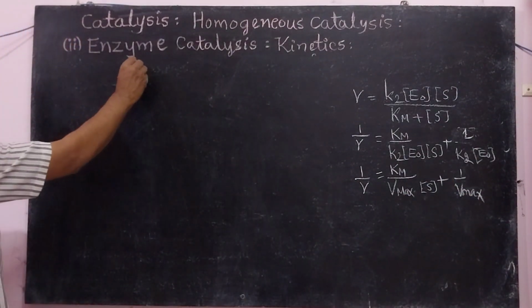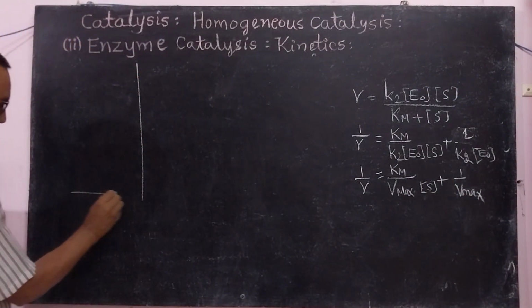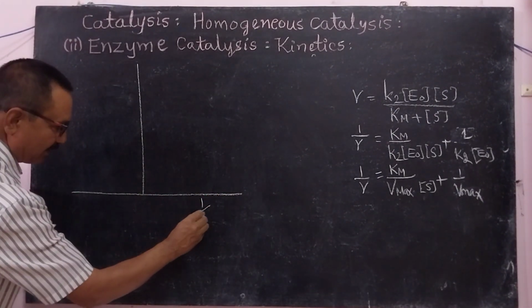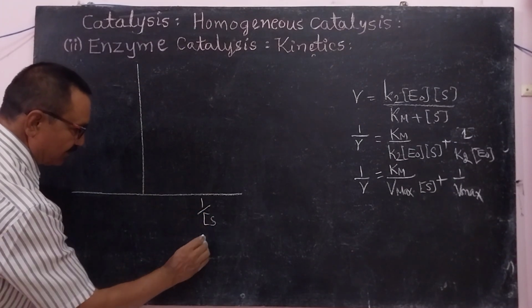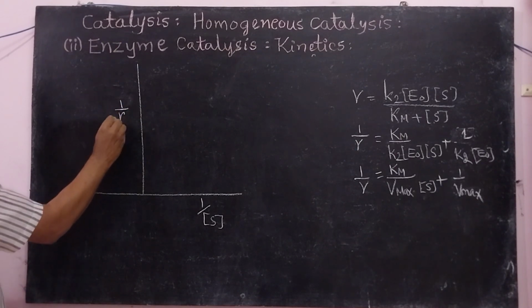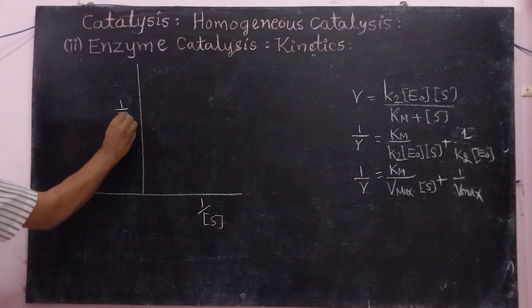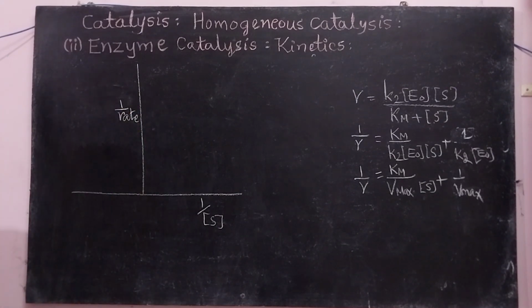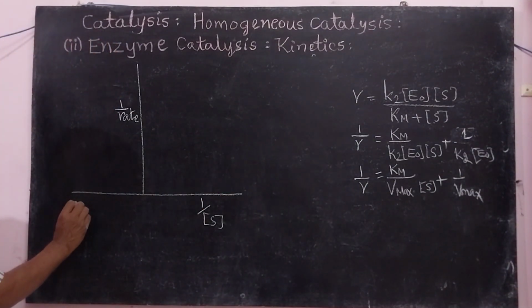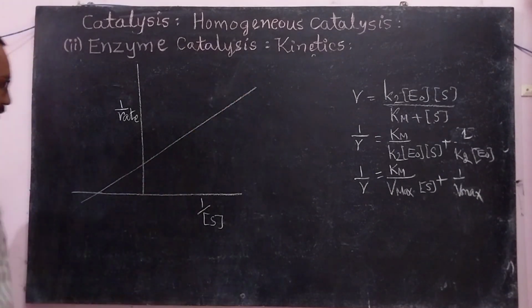Thus we may plot a graph of this nature, with 1 divided by S on one axis and 1 divided by R, 1 divided by rate, on the other. Then we get a straight line with positive slope, since all these are positive.